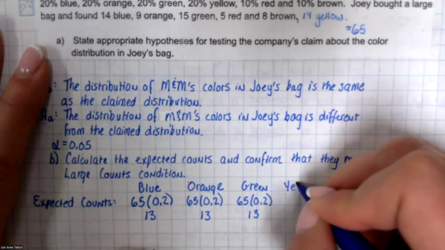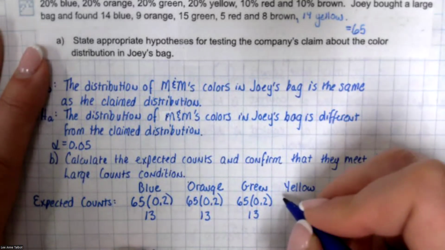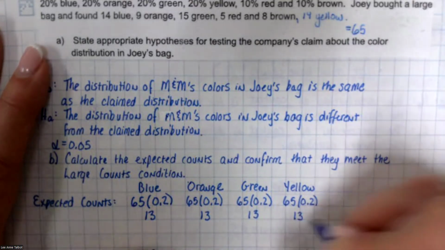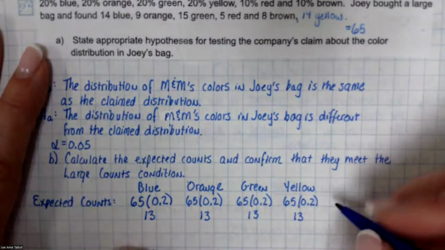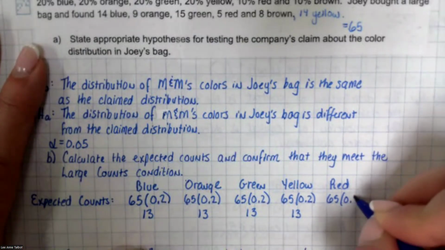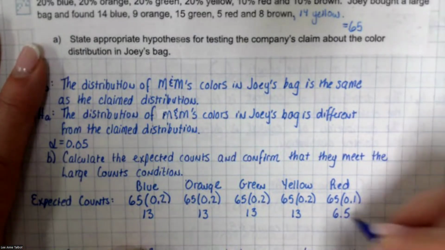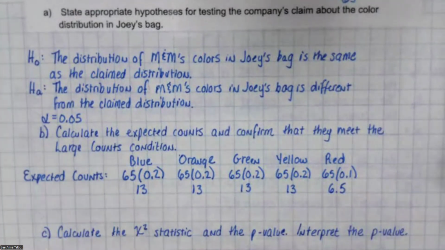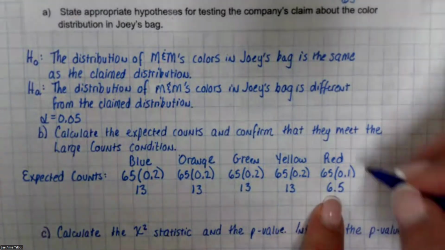Yellow. Red. And these can be decimals. Do not freak out about that, even though you're like, that's weird, but this is theoretical.